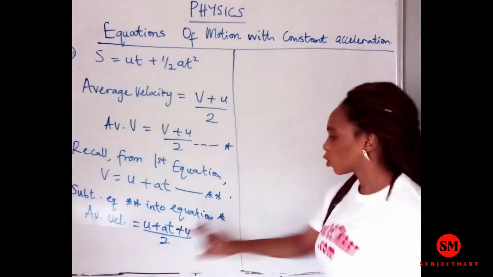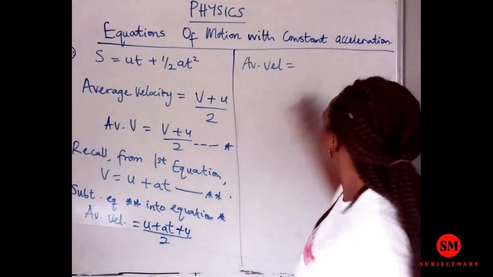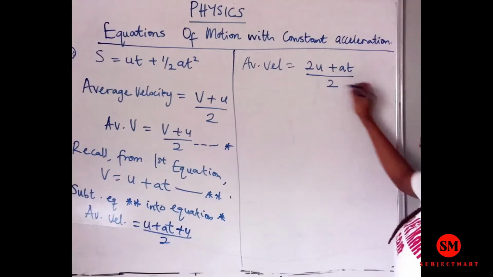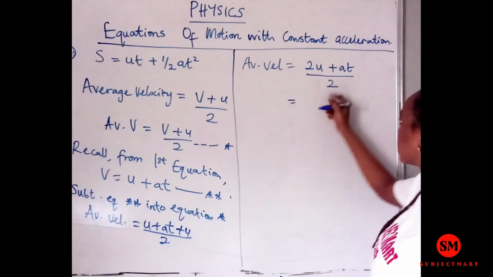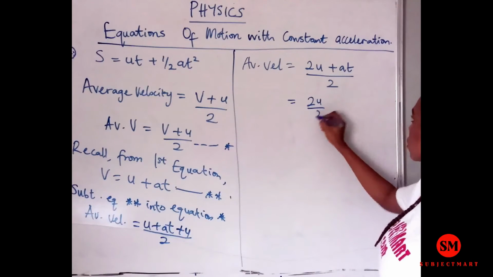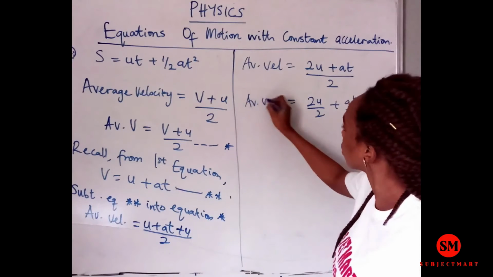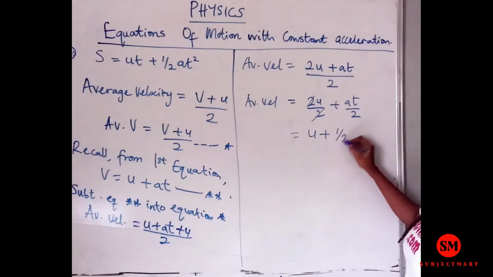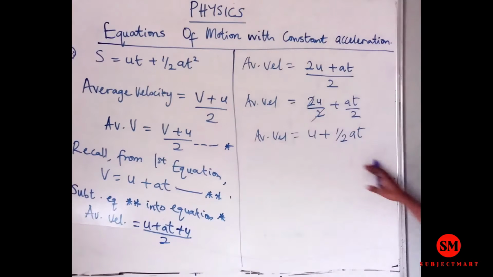So u plus u, average velocity is equal to 2u plus at all over 2. So I have this as my average velocity, and I can still go ahead and divide both terms by 2. This cancels this, so I have u plus half at. So my average velocity is equal to u plus half at.